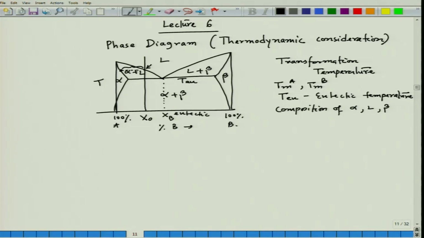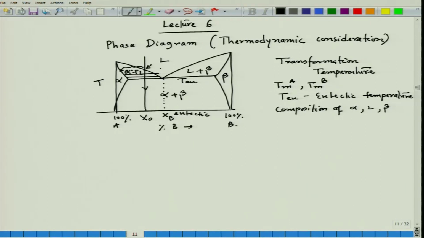Now, as we go down, we will see that at different points we get different fraction of alpha phase as well as its composition, and correspondingly the liquid fraction and composition are also changing.